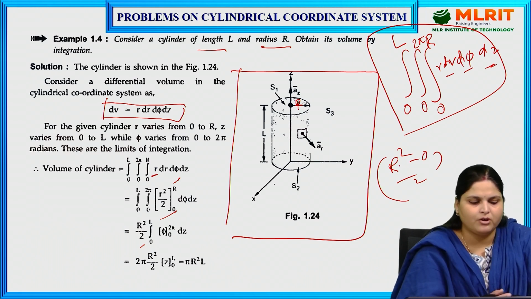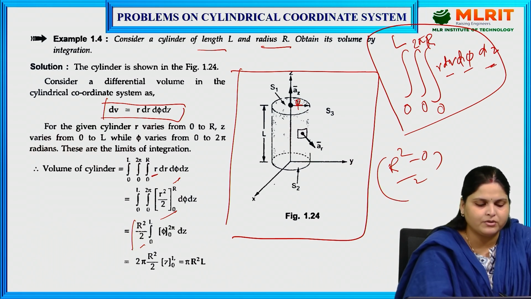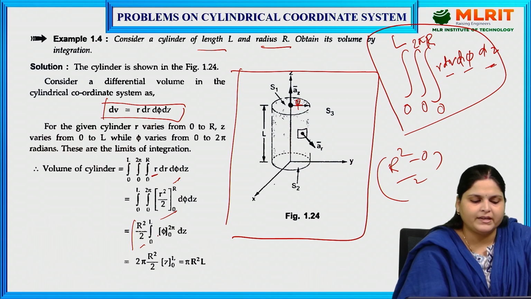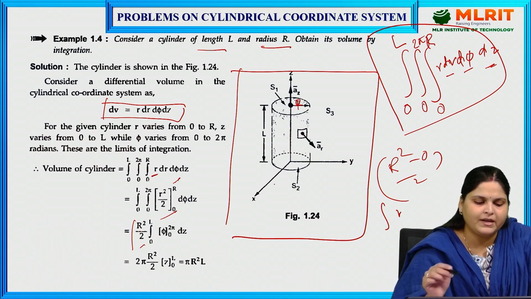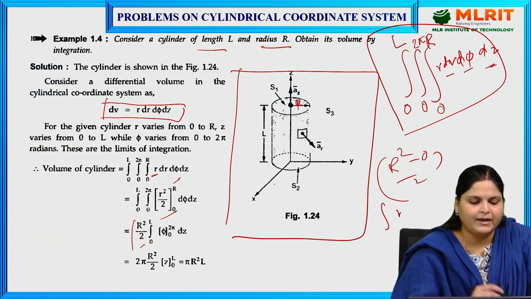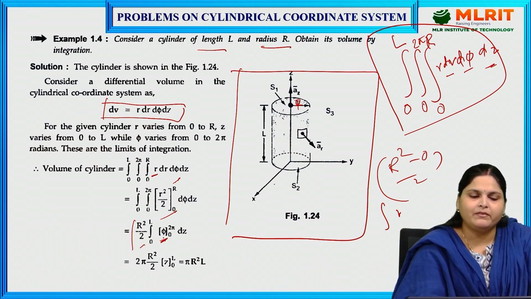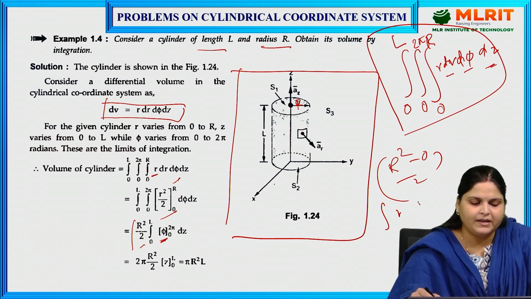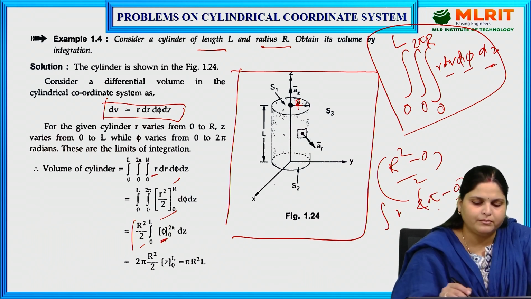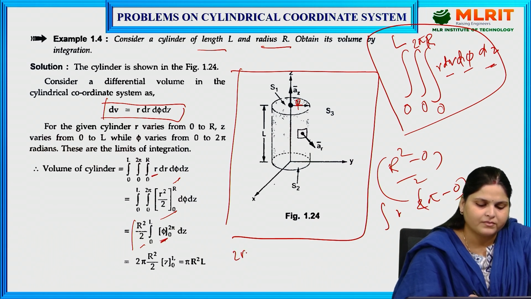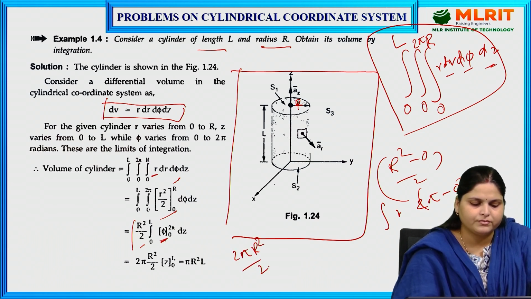Now this is a common constant term, so we will keep it outside. Now there is no quantity, so we will actually integrate 1 with respect to d phi, right? So when we are integrating 1 with respect to d phi, we are getting phi. The limit will be 0 to 2 pi, and now we have 2 pi minus 0. So now what is the constant term came out? It is 2 pi R square by 2, right?